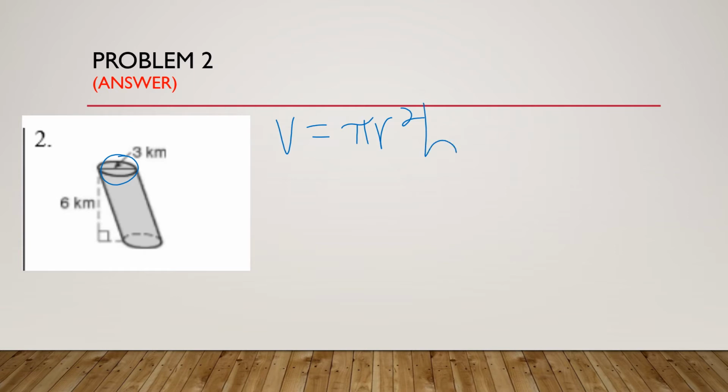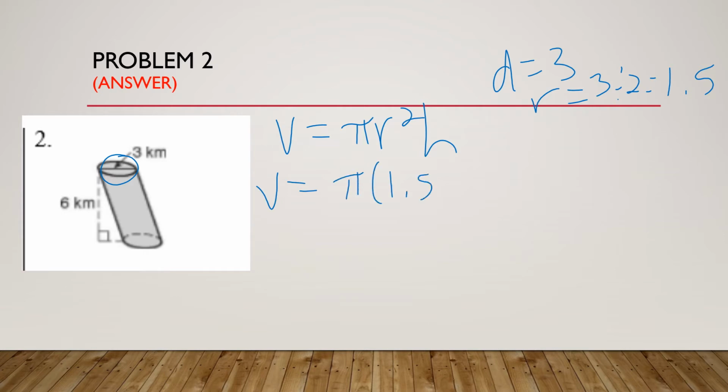In this case, our diameter is 3 kilometers, so our radius would be half of that. If we take 3 divided by 2, we get 1.5. So we're going to substitute in the values. We have pi times 1.5 squared times 6.